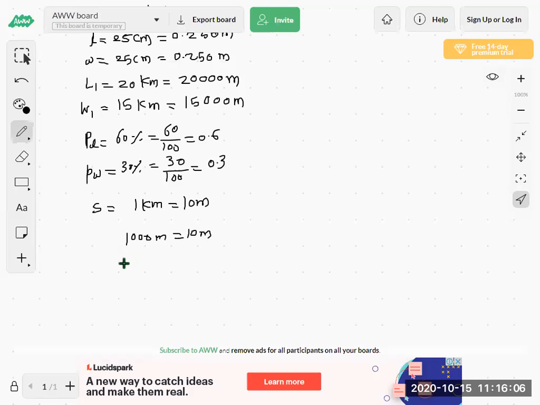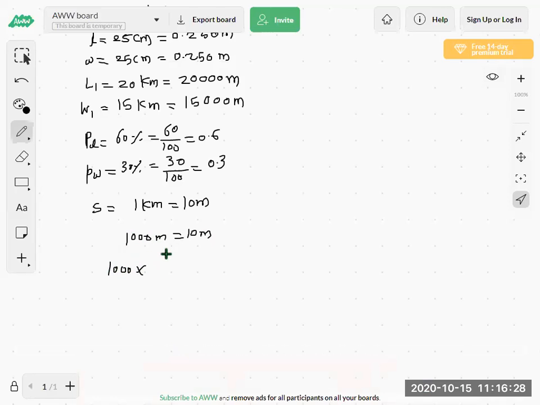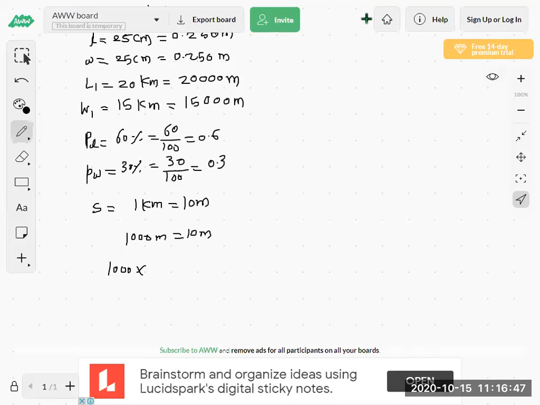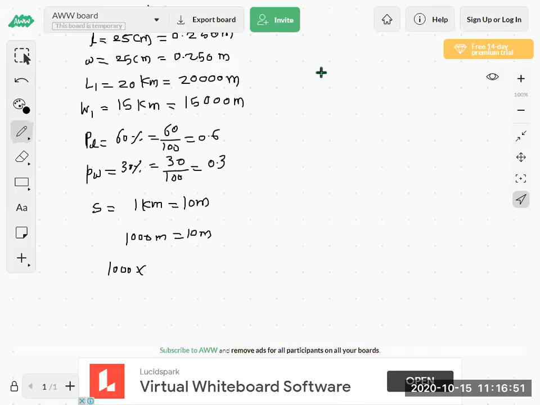Again, the photograph is not in meters, right? One dimension of the photograph's scale is in centimeters. Okay, now for this 1 kilometer, again we have to convert the kilometer into centimeter. So 1000 meter we have to convert into centimeter. What will come? How much do we have to multiply here? This 1000 meter we have to convert into centimeter. 1 meter is equal to how much centimeter? 1 meter is equal to 100 centimeter.